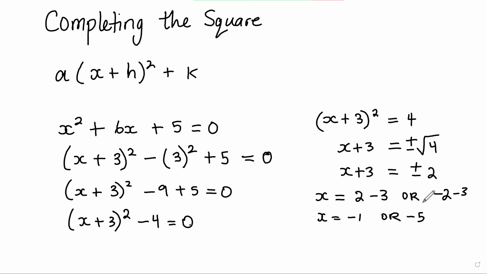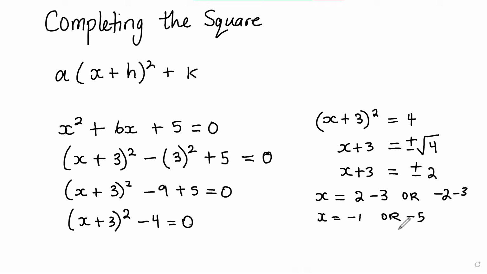And if you were to solve this quadratic, x² + 6x + 5 = 0, using the quadratic formula, you would reach the same line, x + 3 equals plus or minus 2, when you simplify the quadratic. So if you use the quadratic formula, or even if you factorize, you're going to get the same answer.